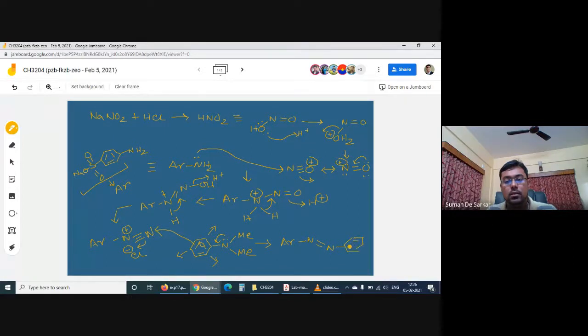Two methyl groups here. The last step is nothing but rearomatization, and it will form methyl orange. I will draw it like this. It's fully aromatized now, with NMe2. So this is the ultimate compound.